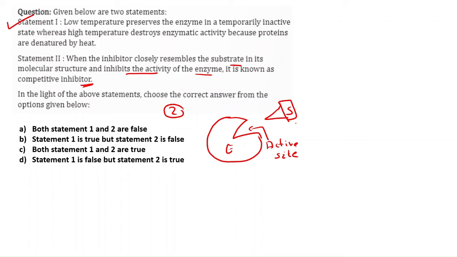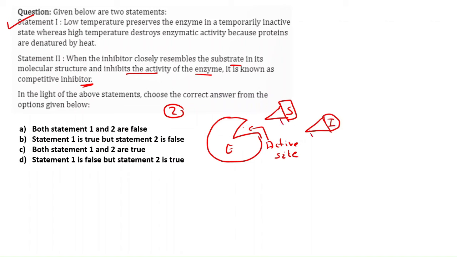So what is the competitive inhibitor? A competitive inhibitor binds to the active site of the enzyme and blocks the binding of the substrate. This means the competitive inhibitor should have a mostly similar structure to your substrate. See here, the active site structures are almost the same.